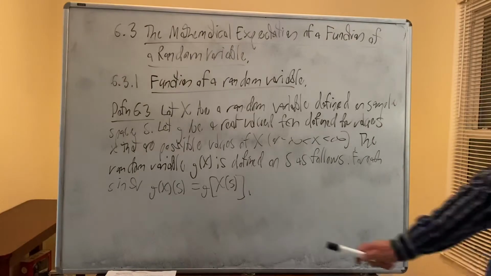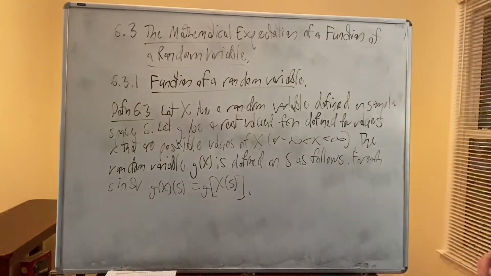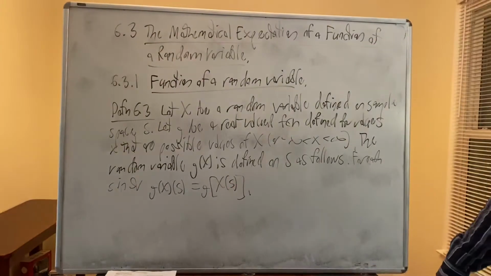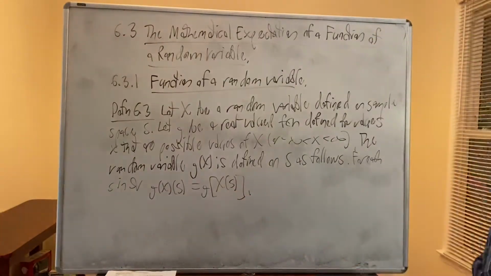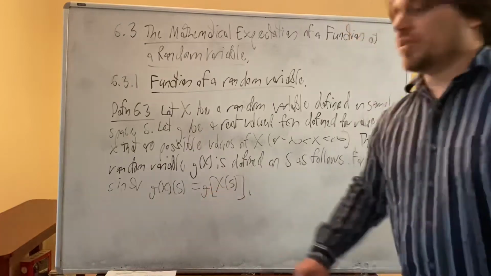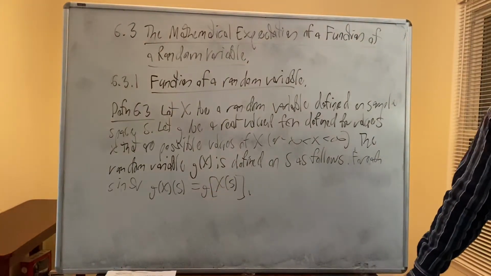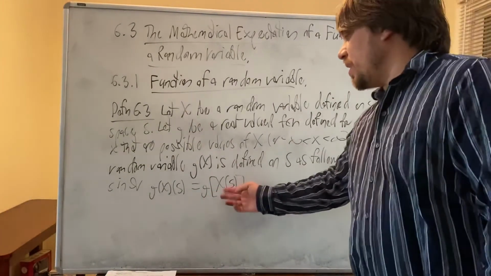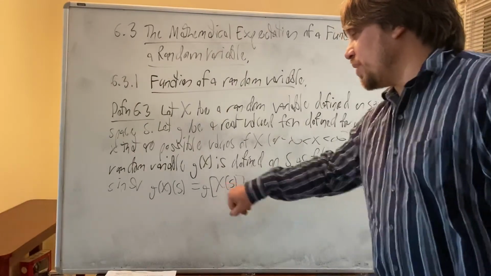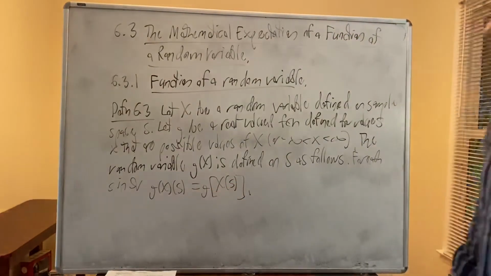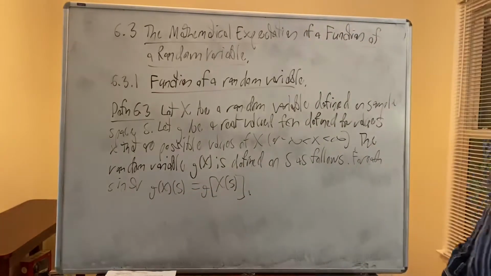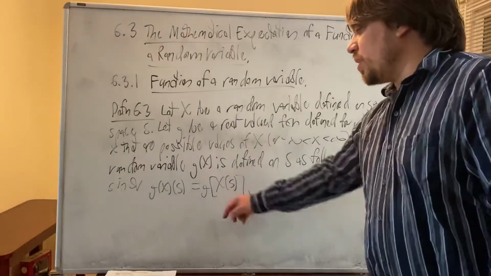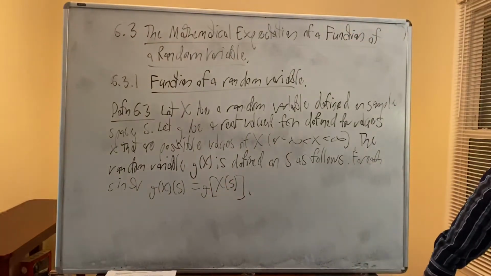Okay, so G is a real valued function. What that means is that X is a random variable defined on your sample space S. X takes on values, and then you just input those values of X into your function G. For whatever values of X you get, you just plug into the function G. And that's what this is. So G of X of s means you take a value of X and plug it into the function G, and it outputs a real number.